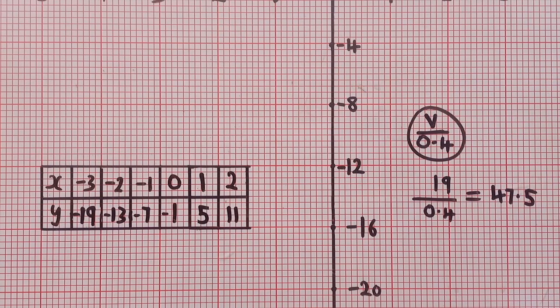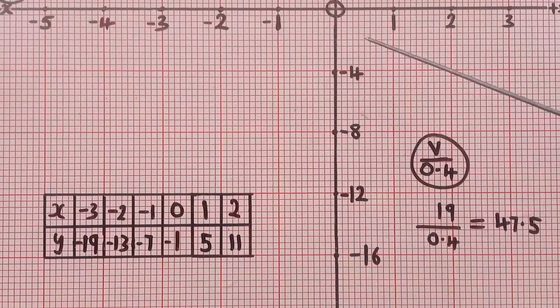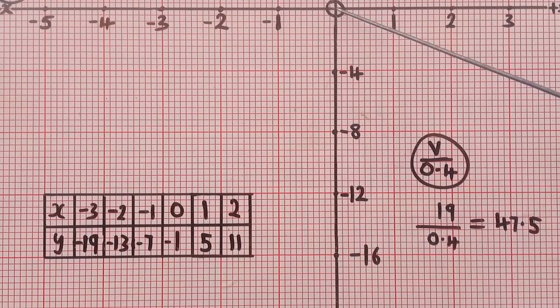Let us see how they count them from the origin. The origin is here, and we now count 47.5 boxes. From here to here is 10 boxes. 20. Are you following? 30 boxes. I hope you know why.